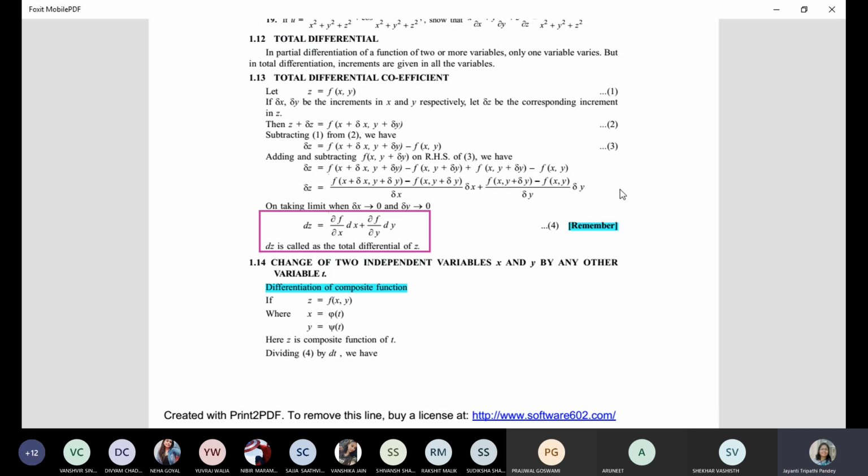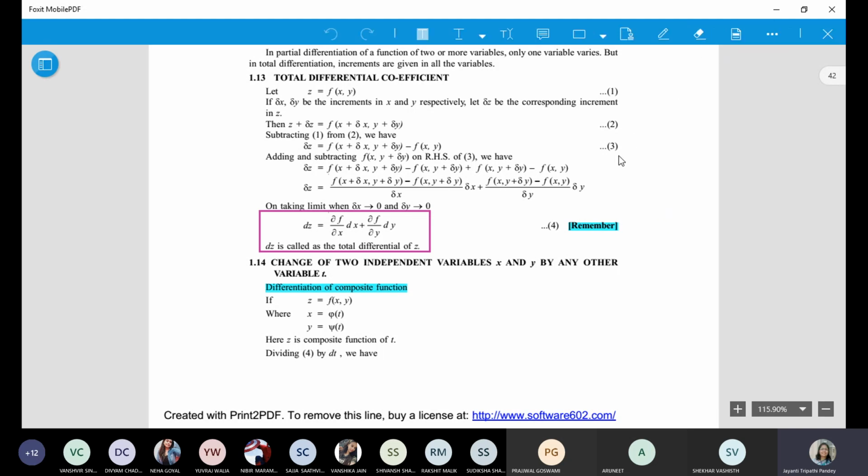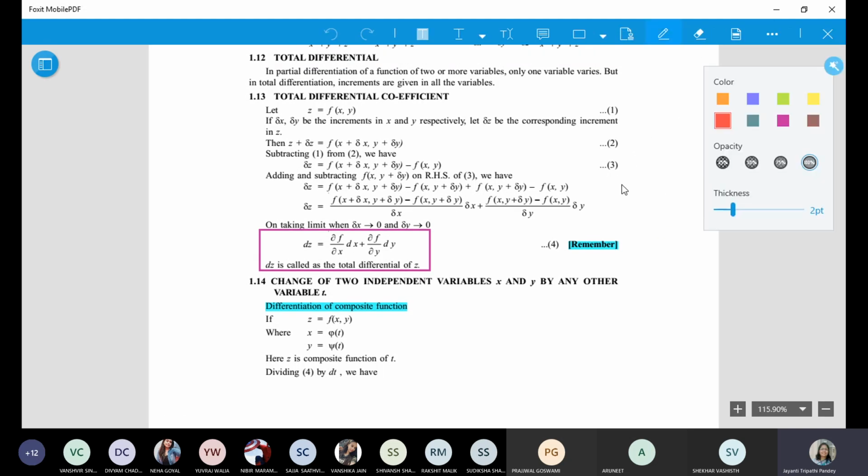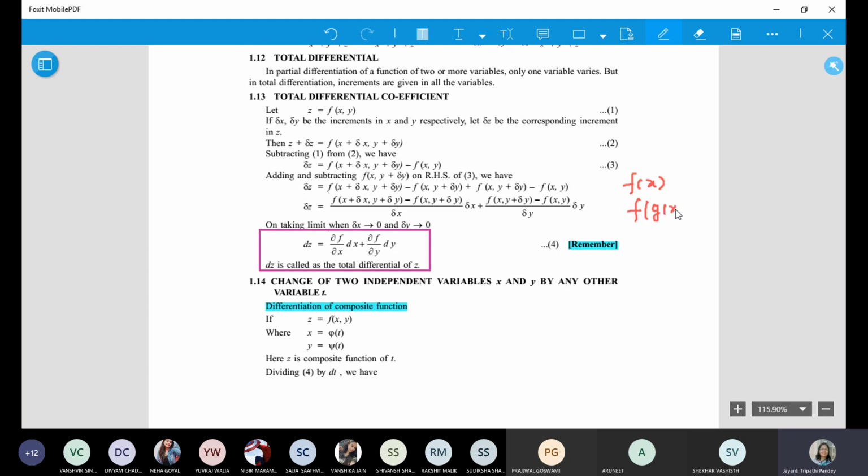We write a composite function as a function of some function, right? Like if you are talking about one variable, then this is a function. But if I write this, it is a composite function of x, right? So when you are saying f is a function of x and y, and x and y are in turn functions of some variable t, then this is a composite function. Is it okay? Yes, ma'am.